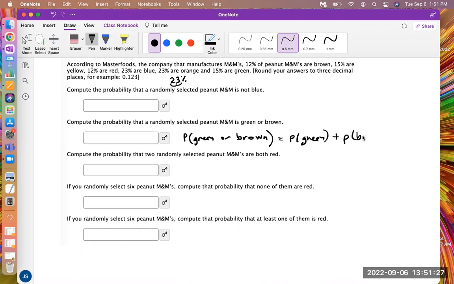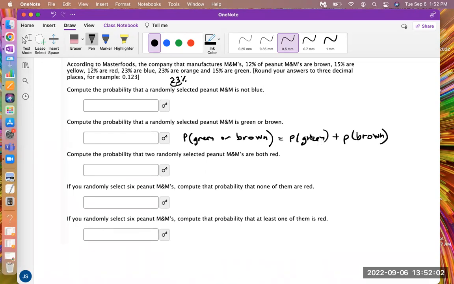That is if being brown and being green are disjoint, mutually exclusive events. In other words, you have to ask yourself, can one of these M&Ms be both green and brown at the same time? If that is true, then they're not mutually exclusive. But here you can't be green and brown at the same time. So this is going to work. They're mutually exclusive, disjoint events.